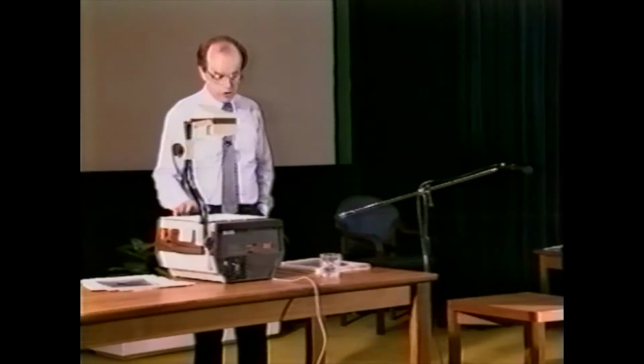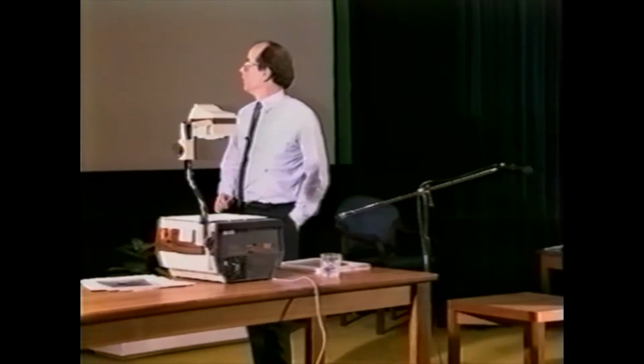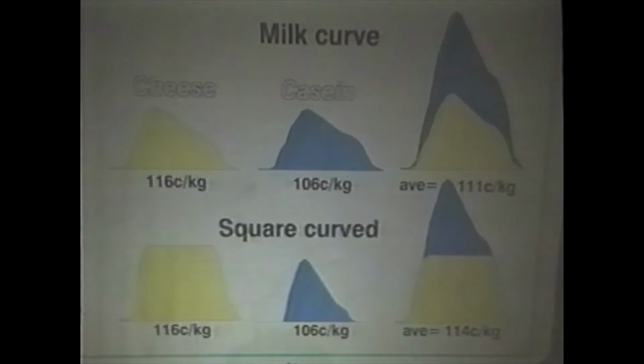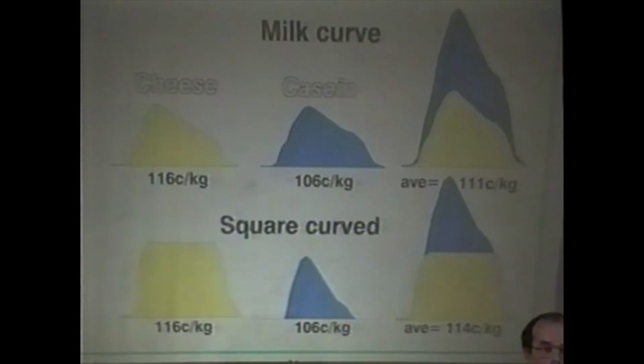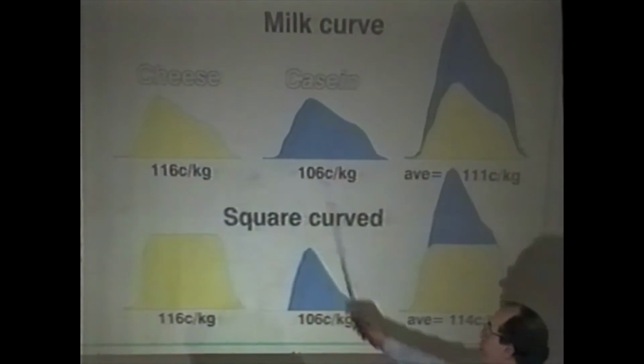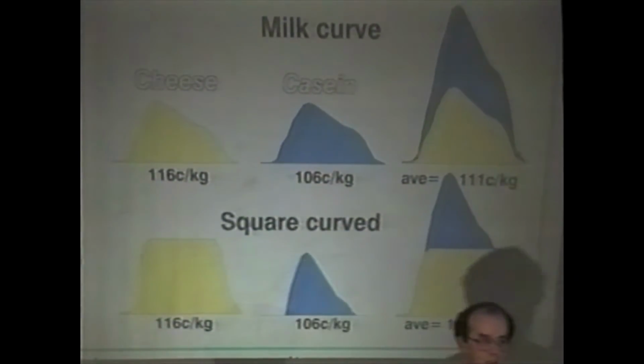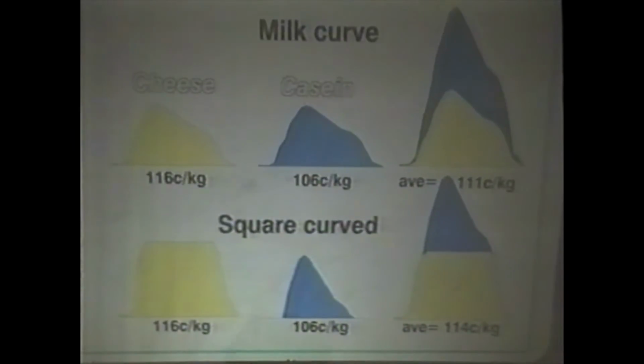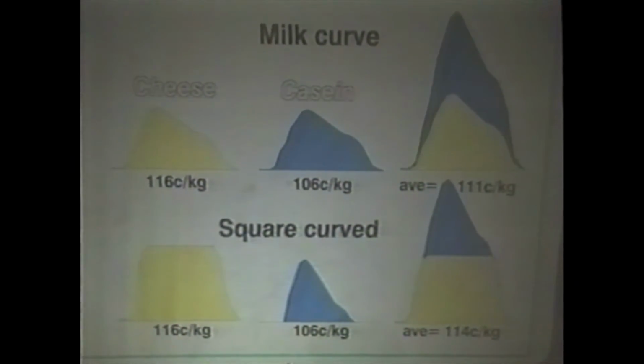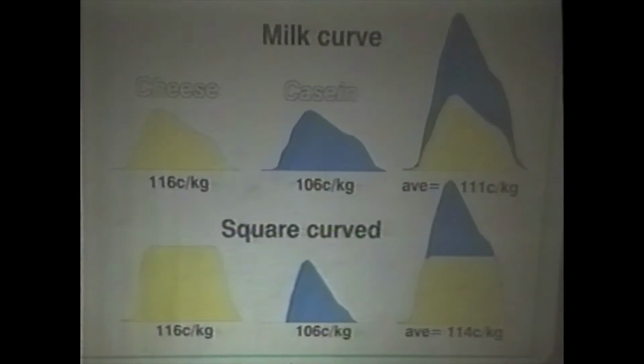John mentioned square curving, and I've summarised how that might look for a theoretical company that might have two factories, a cheese factory and a casein factory, separated by a big mountain range, both the same size, both on the milk curve. The earnings on that company's milk would just be the average of those two, 111 cents.